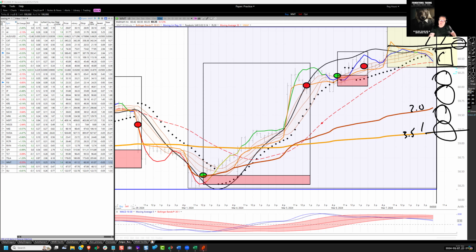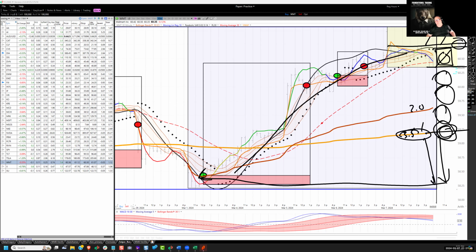So there's your perfect zero state in Walmart at the end of a nice run. And if this one breaks, getting to this level is simply the next excursion past the 10 period VWAP. Piece of cake. Very tradable.